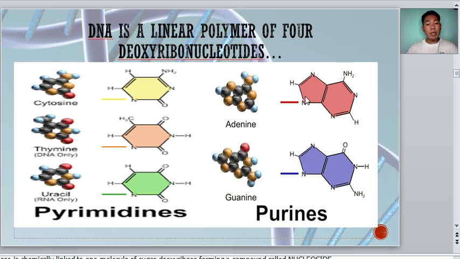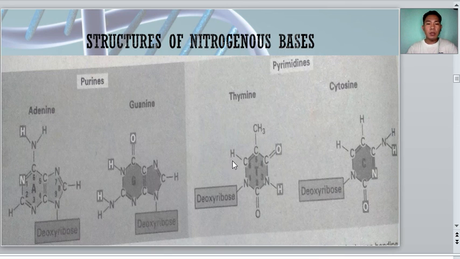In DNA, each base is chemically linked to one molecule of sugar deoxyribose, forming a compound called the nucleoside. When a phosphate is attached to the sugar, the nucleoside becomes a nucleotide. In this illustration, we can observe that in each base, the nitrogen is linked to the deoxyribose sugar.